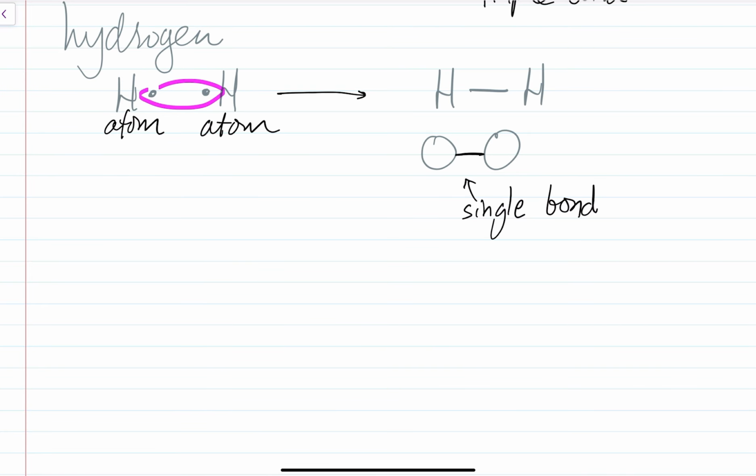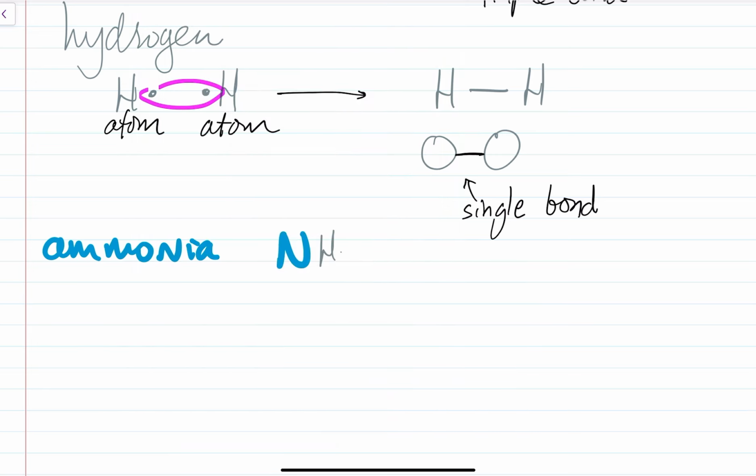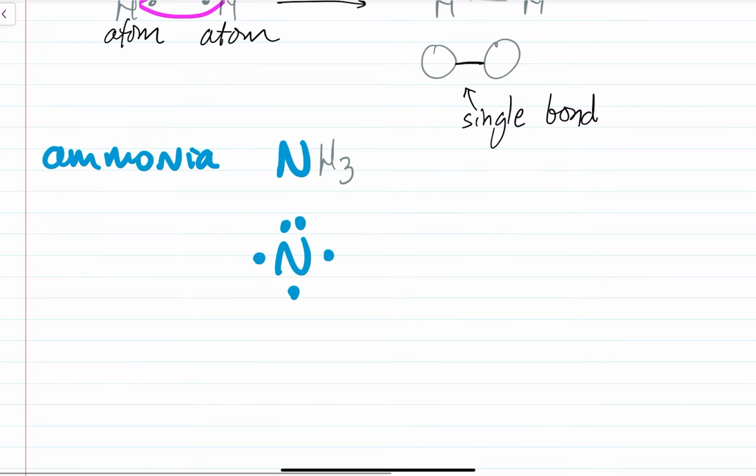Okay, now let's do ammonia. Guys, excuse me. Third time, please don't pack up. Thank you. Okay, this nitrogen has 5 valence electrons. It needs 3.